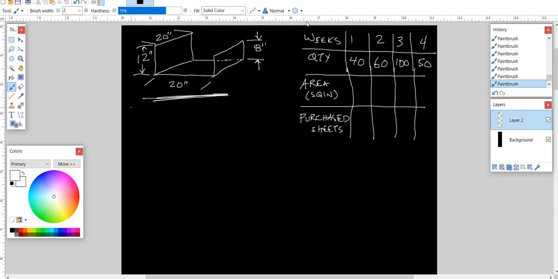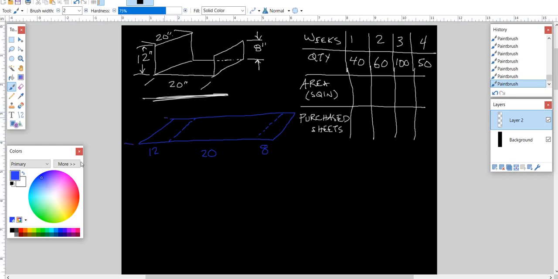Okay, so we'll set up a little formula here. I'm going to use a different color. So area, let's draw a flat pattern of this first. So we'll flatten this thing out, and it's got a 12-inch leg here, an 8-inch here, and a 20-inch here.